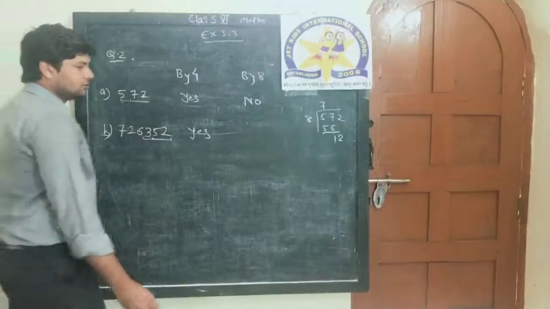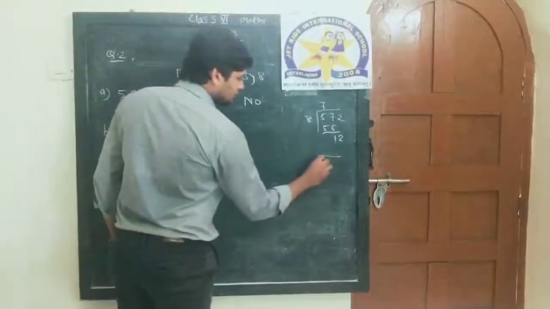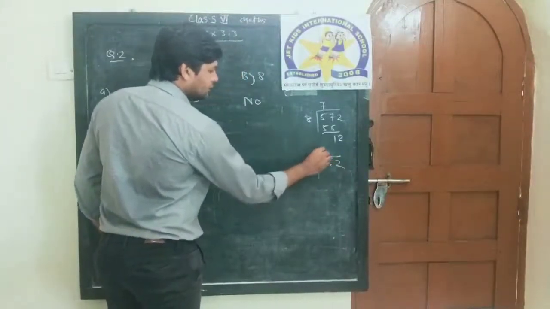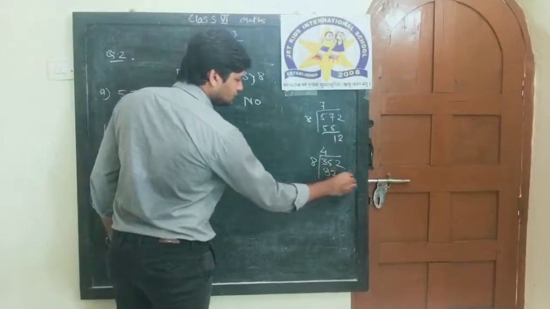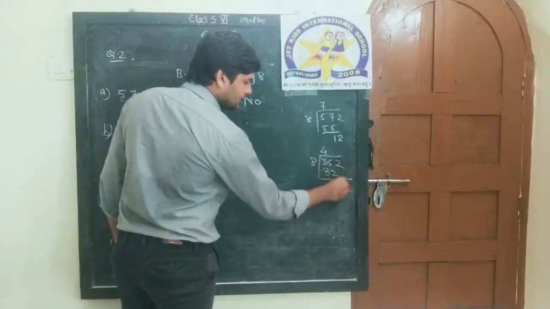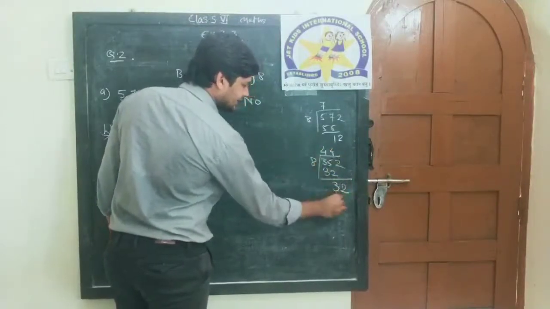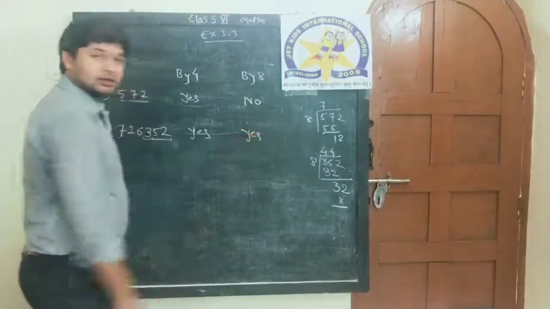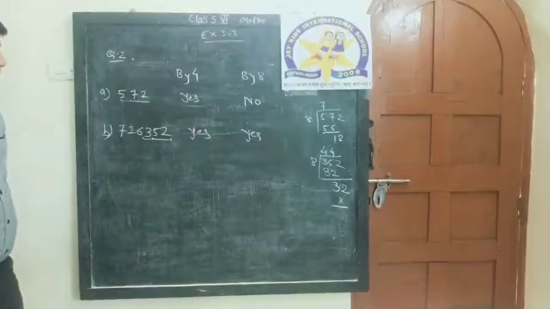Then 726,352, let us check. 352 by 8. 8 fours are 32, remainder 3, bring down 2. 8 fours are 32, so yes, it is exactly divisible by 8. It is also divisible by 8. Clear?